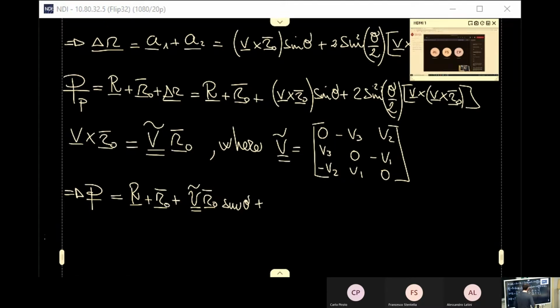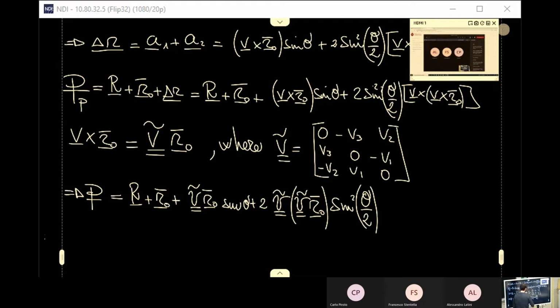I know it sounds like a joke, but it's like this. Are you with me on this? So this is V times R0, and this is V times R0, right? Oh, I was missing a 2. So here we have a 2, and then we have sine squared of theta divided by 2.